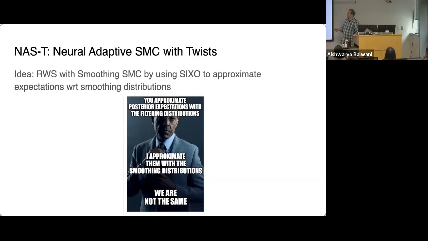So, what's the difference between neural adaptive SMC and the method that we're working on? Well, neural adaptive SMC approximates posteriors with filtering distributions. We approximate them with smoothing distributions. Those are not the same. So if you're on Twitter, you may know what this means. I have no idea, but I do like Gus Fring. And I think that the sentiment is true. This is the main difference, and they are not the same.